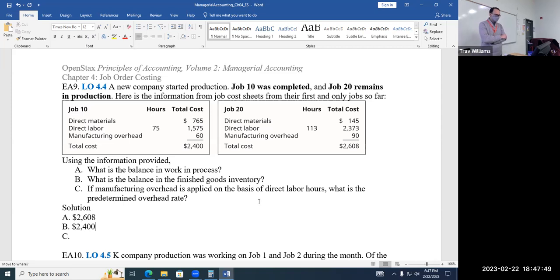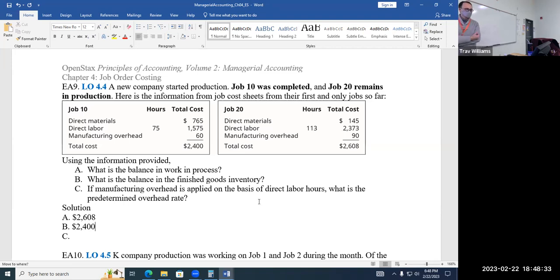Okay, you're on the right track. So the number of hours is the direct labor hours. That's definitely going to be part of our calculation. What do we know? We know the direct labor hours for each job. We know the manufacturing overhead cost that's been allocated to each job, right? Can we work backwards to get the rate?